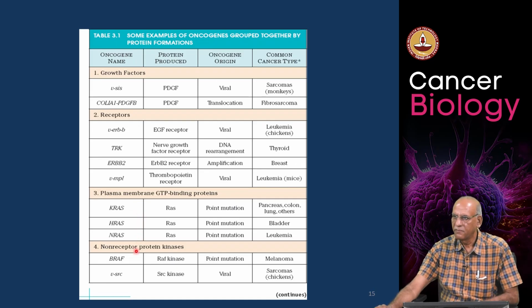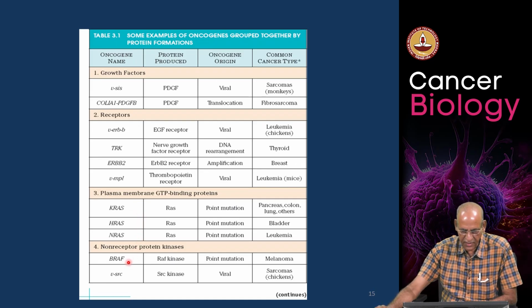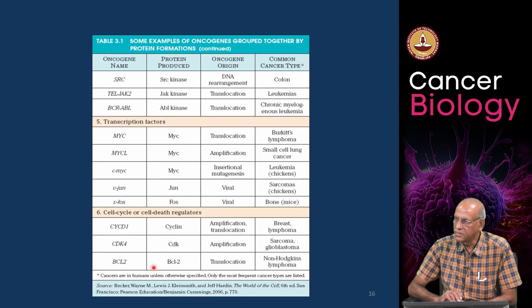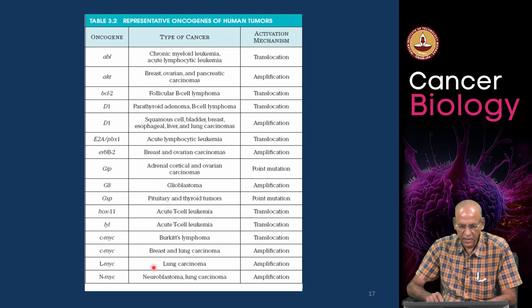So, these fundamental points have to be kept in mind. Some of them are GTP binding proteins, some of them are non-receptor protein kinases. I gave you these examples, SARC, BCR-ABL. Some are transcription factors like MYC, Jun, FOS, and so on. Cell cycle or apoptosis regulators also, we mentioned about it, BCL2, cyclin, CDK, and some other examples are also given here.